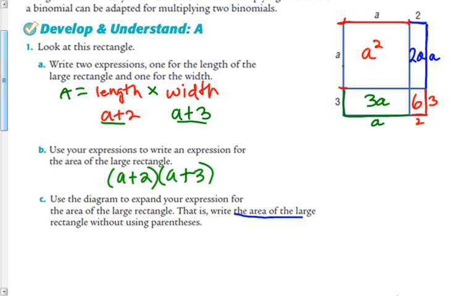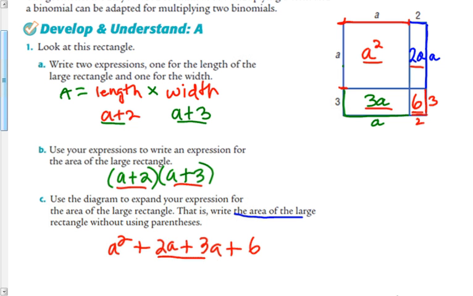So to get an expression for the entire area without parentheses, multiplying a plus 2 times quantity a plus 3, we get these 4 parts: a squared plus 2a plus 3a plus 6.